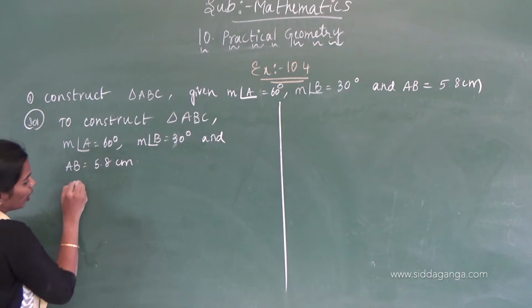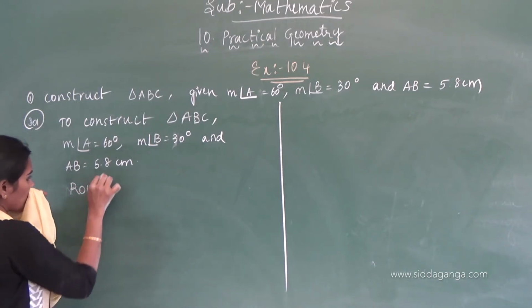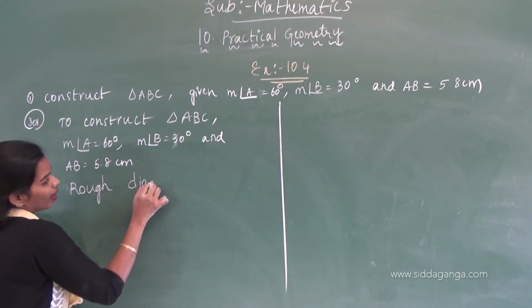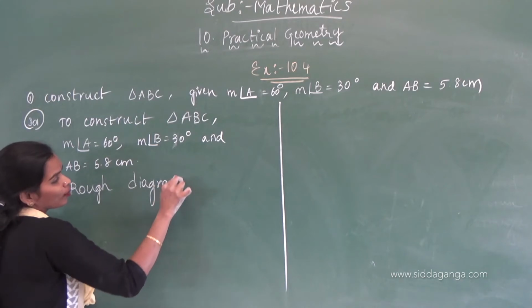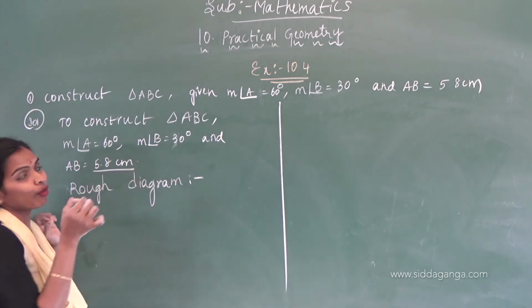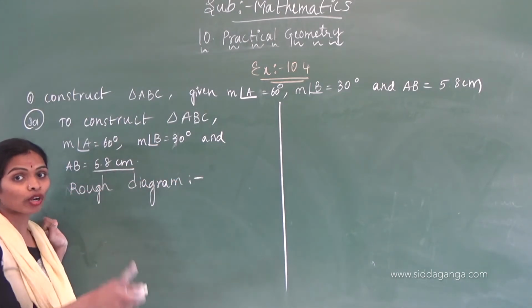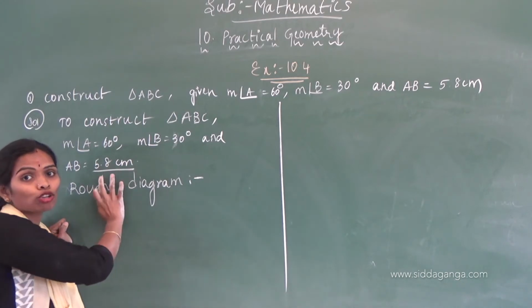First we have to draw a rough diagram. In the rough diagram, the line segment they have given, we have to take as base. That is the line segment measurement they have given in the question.